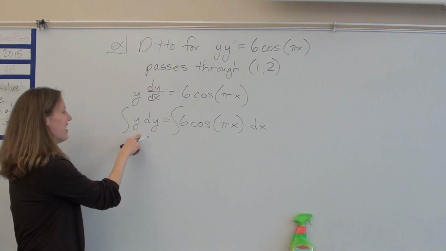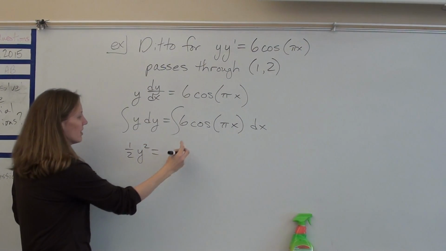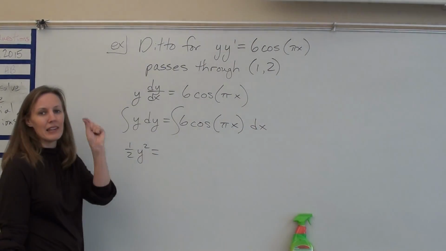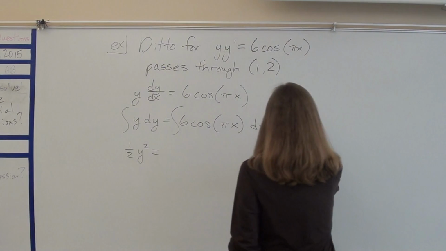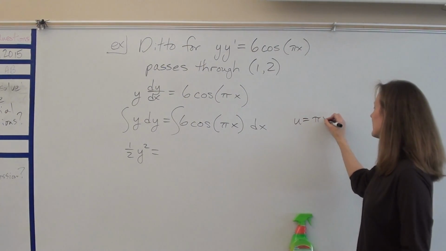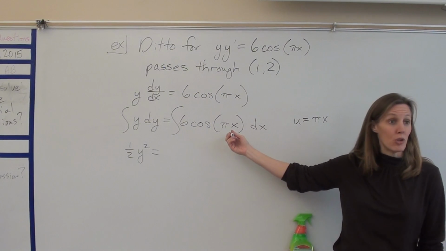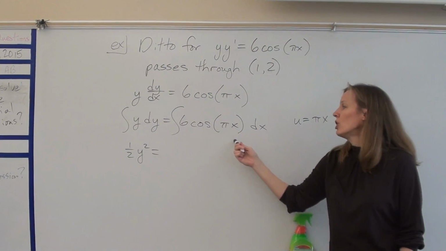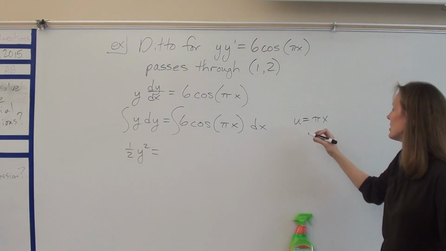Here we go. The antiderivative on this side is simple, 1/2 y squared. Ta-da. This side requires a little u substitution. What does the u need to be for this problem? Pi x. Whenever your argument's not just x, you need to make it a u. It can't be the whole cosine because there's no derivative of cosine in this problem, so you get stuck. So it's just the pi x.